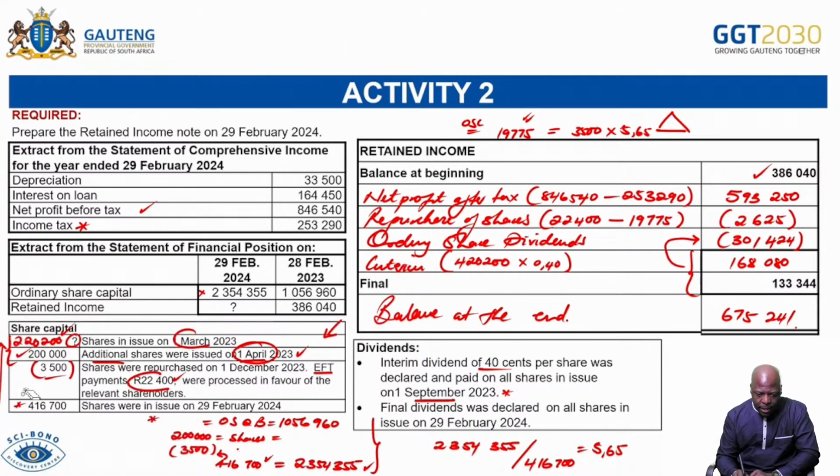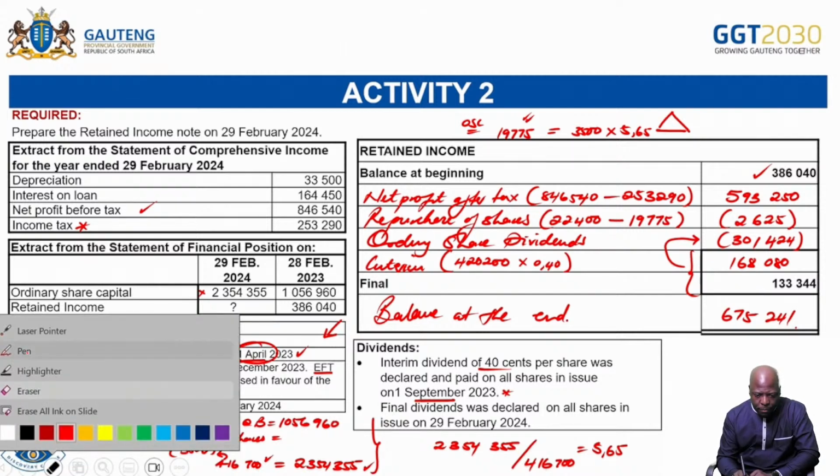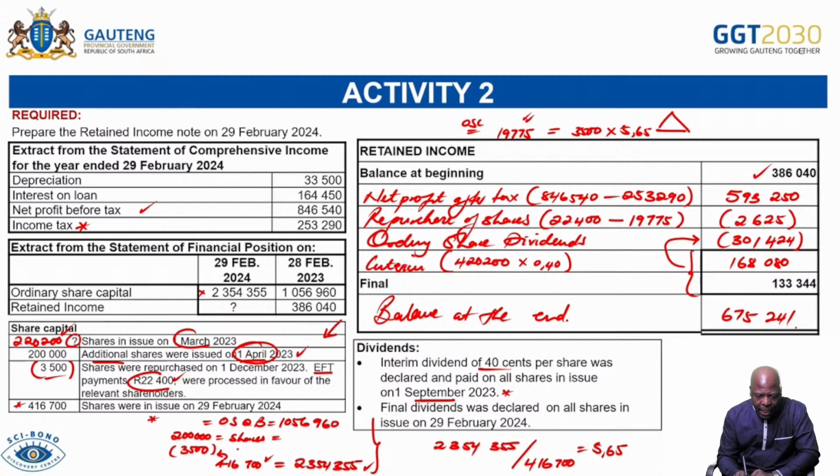Let me just get my eraser and do a bit of cleaning here so that you can get my point. Okay, let's come back. If you have your beginning, you have your addition, and you have your repurchase, which is your bar, B-A-R. Once you have your bar, for you to get the average price, if you are not given the average price over here, you can rely on this figure here.